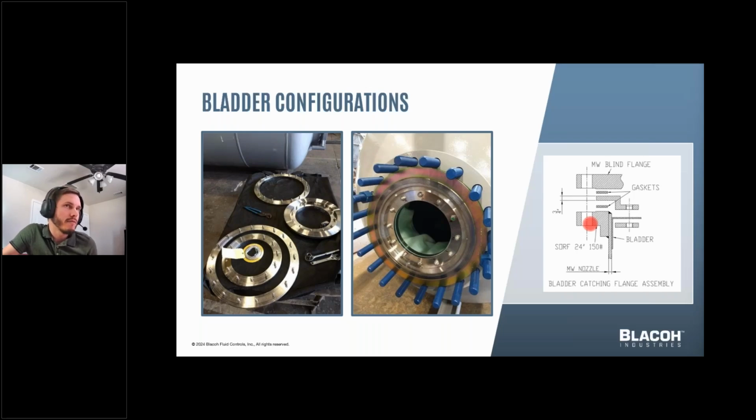A double catching flange can be used on an inlet and manway configuration, and that's recommended for hydrocarbon liquid and bladder so that you can purge the bladder of air before the vessel is brought online, or if there's a concern of air pockets forming inside the bladder during operation.